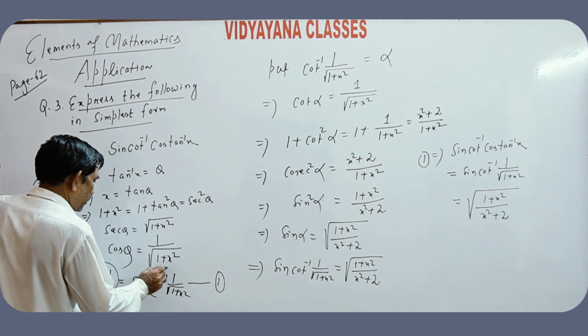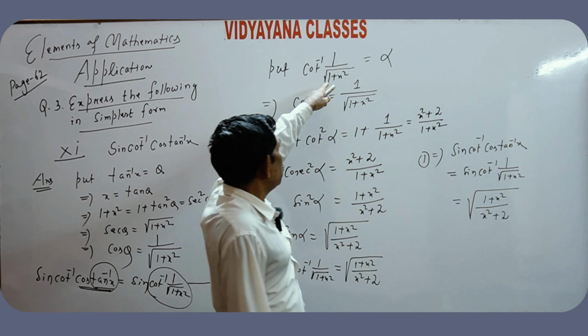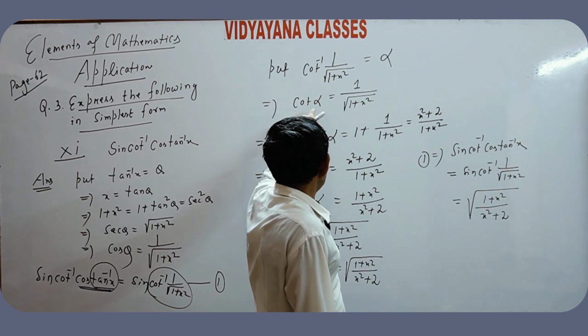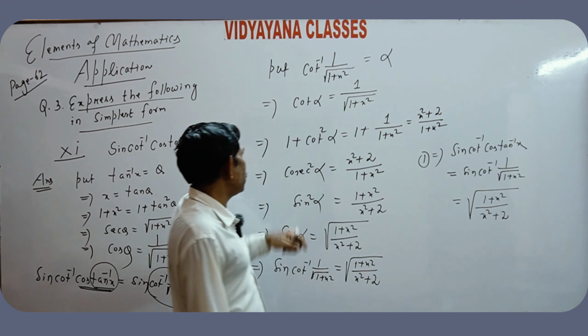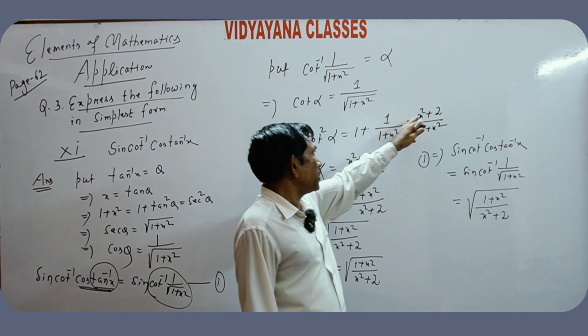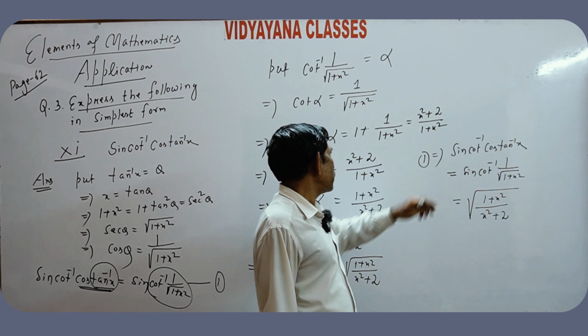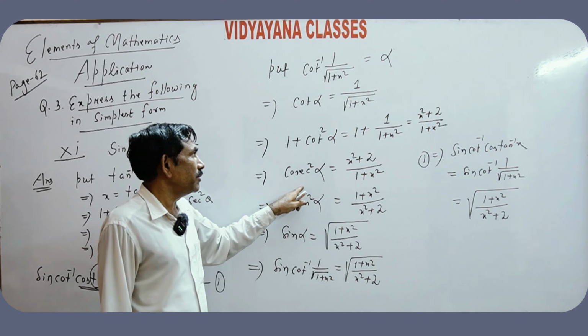Again it is taken as alpha, cot inverse 1 divided by root of 1 plus x square is equal to alpha, cot alpha is equal to 1 divided by root of 1 plus x square, 1 plus cot square alpha is equal to this result, which is the same as x square plus 2 divided by 1 plus x square. 1 plus cot square alpha is equal to cosec square alpha.